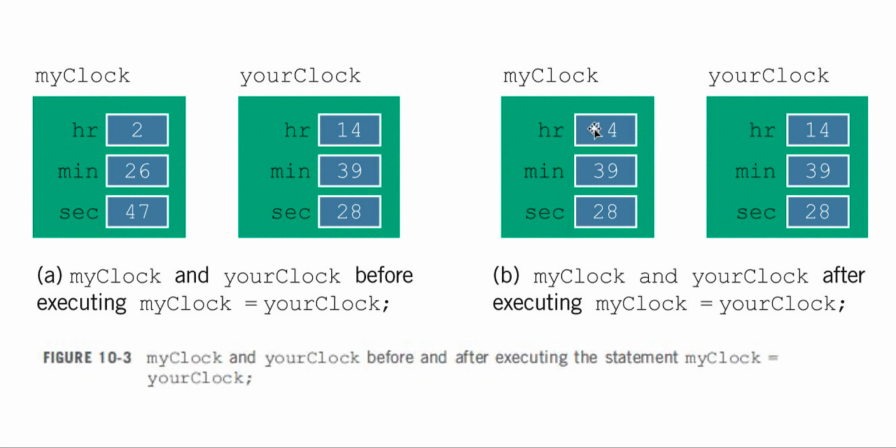As you can see, it's more like a member-wise copy. The same member is going to copy over the same member. In other words, the values of the three member variables of your clock are copied into the corresponding three member variables of my clock. Therefore, an assignment statement performs a member-wise copy.